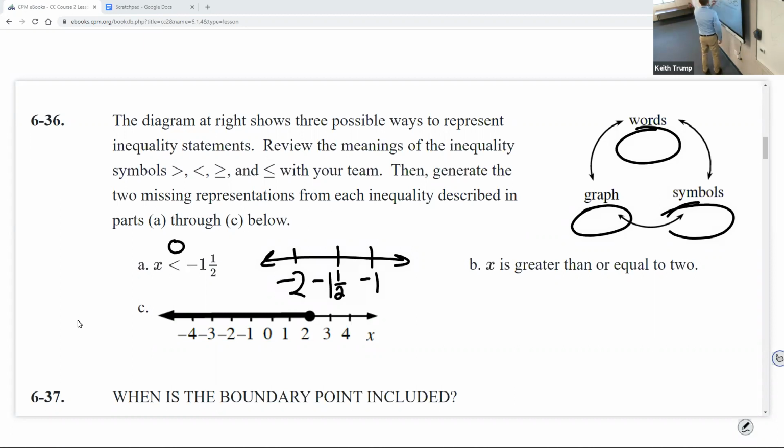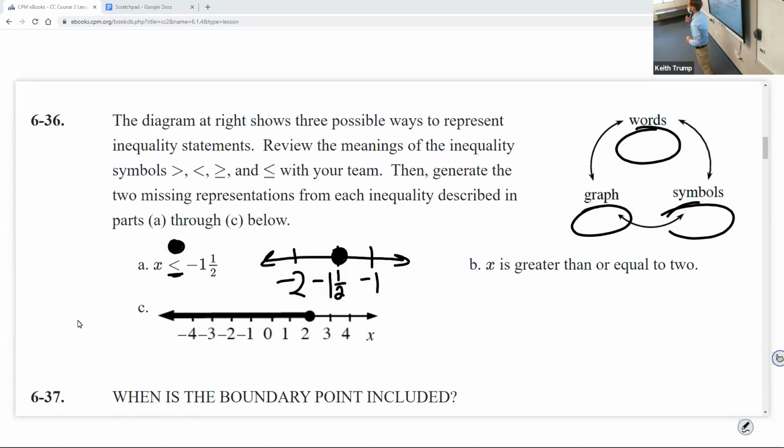So I will put an open circle on the number line where -1 and a half is. If this was less than or equal to, it would be a closed circle. So instead of an open circle like this, I would fill it in to say that, yes, it is -1 and a half and whatever numbers come before or after it, okay?